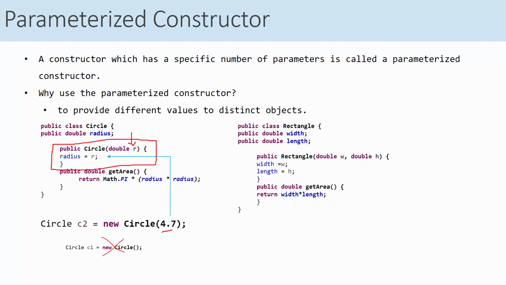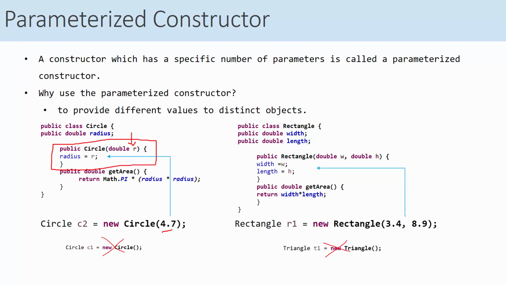Same example here. We have a Rectangle class that has no default constructor. You can call it, but you need to provide two values, one for width and the other for length. You no longer can use the default constructor.